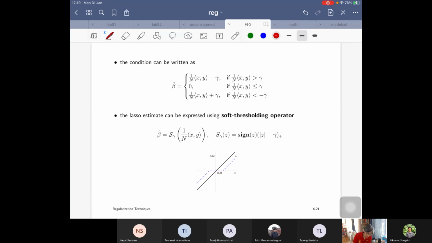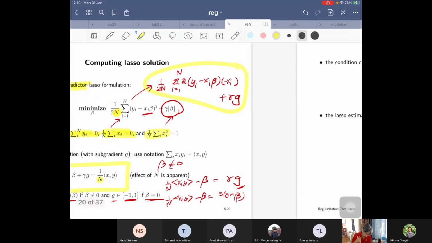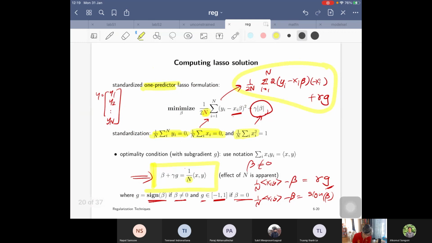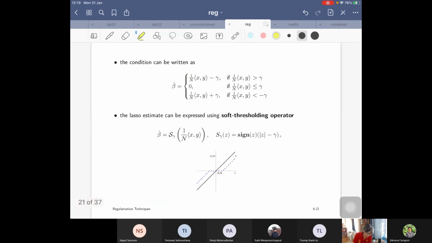Okay, now take a look at the first case. What I'm trying to say is that the optimality condition is actually equivalent to these 3 cases. They are the same. Now let's take a look one by one.